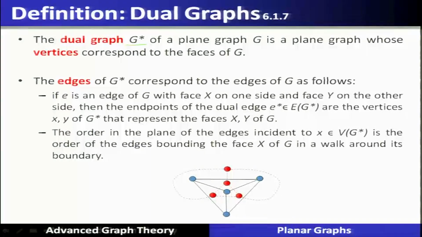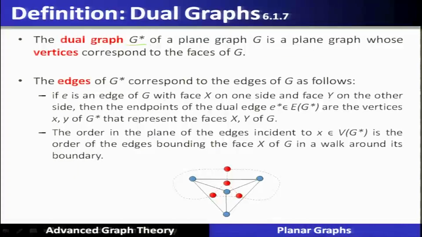If e is an edge of G with face x on one side and face y on the other side, then the endpoints of the dual edge are the vertices x and y of the dual graph that represent the faces x and y of G. The order in the plane of the edges incident to x is the order of the edges bounding the face x of G in a walk around its boundary.